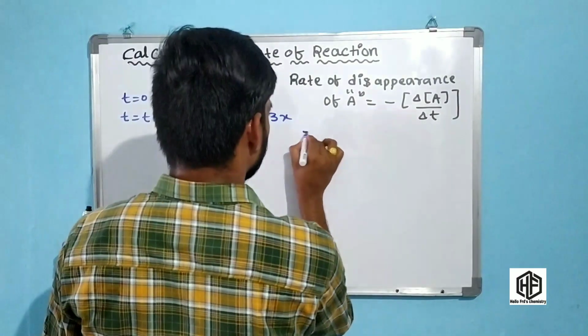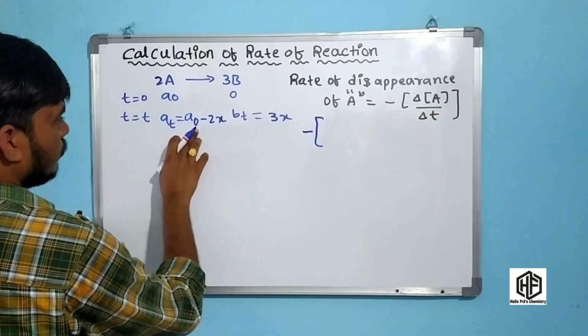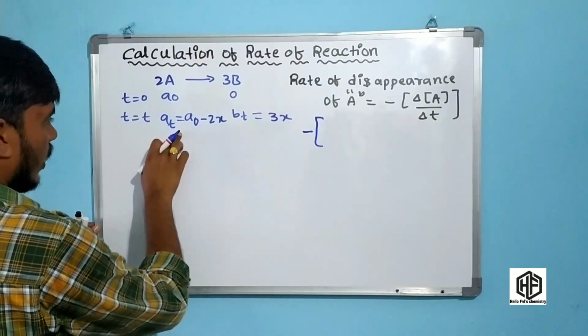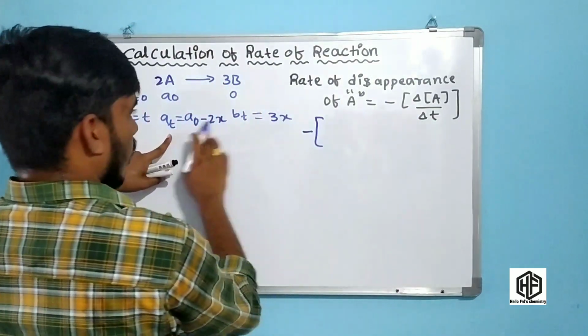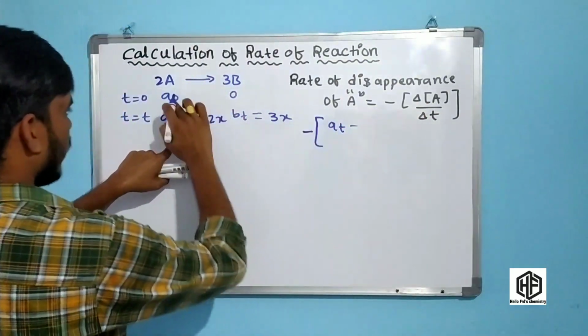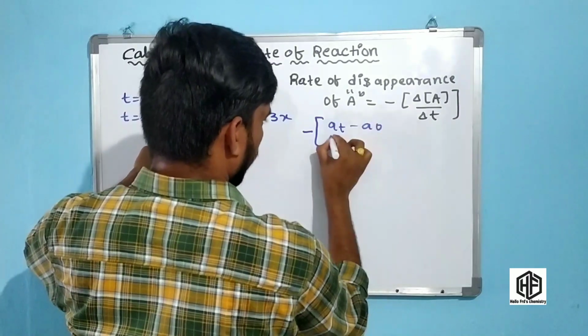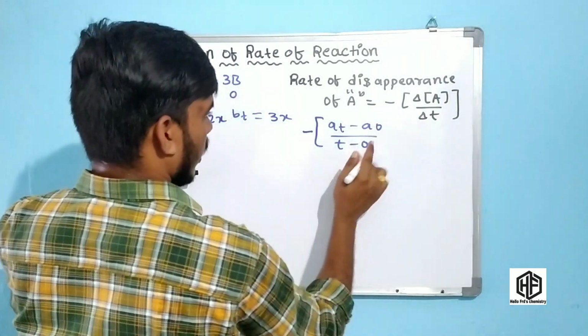This is minus, and delta A is the change in concentration, final minus initial, by time T minus 0. This is final and this is initial.